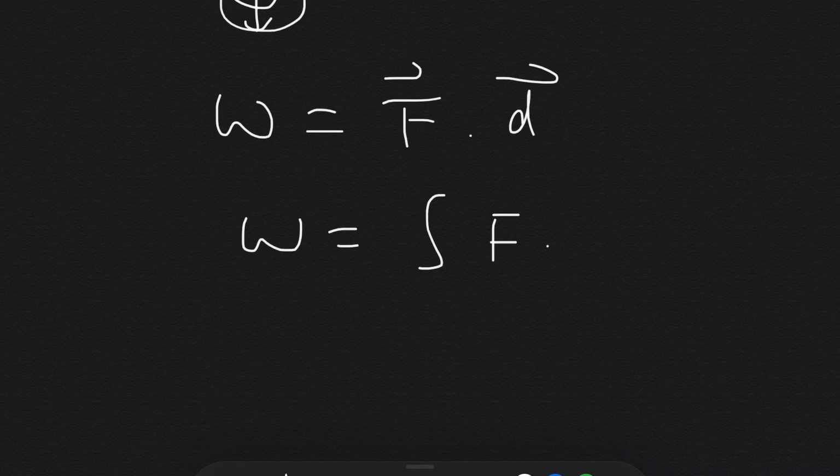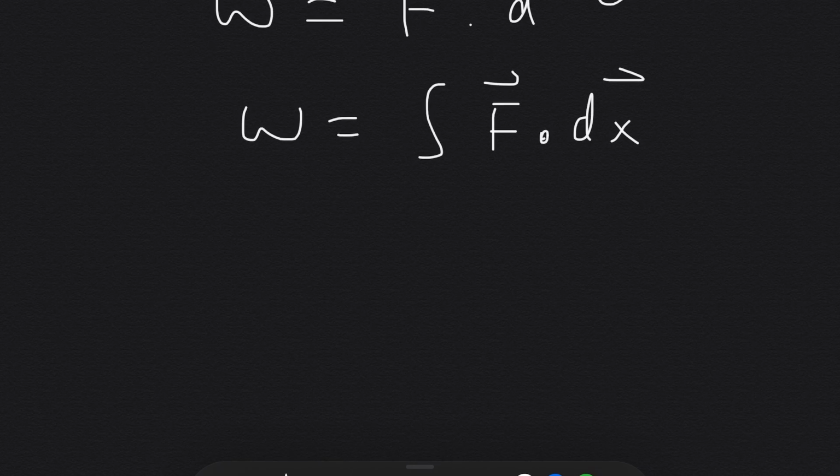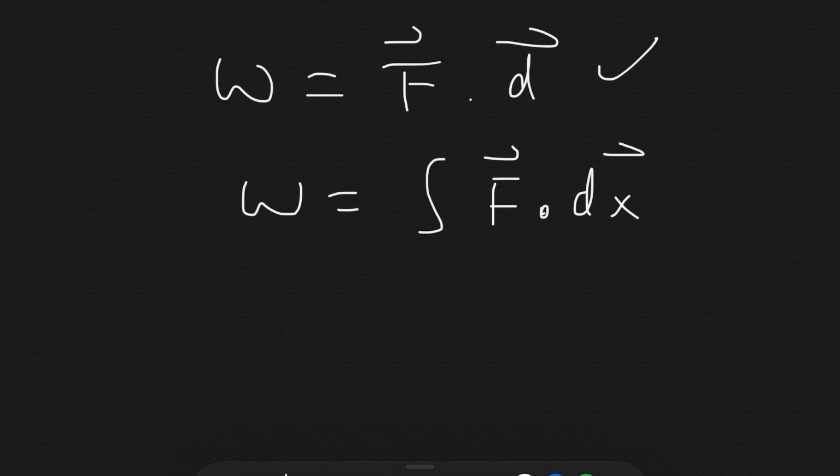So it's F dotted with a small component of displacement over the entire displacement, but you can approximately say that this is true if things aren't changing in certain ways. I know I'm being very vague over here, but I really don't want to get too much into the math because it's not really required. Most exams and stuff will either expect you to memorize the formula or they give you a formula sheet. They don't expect you to know how to derive it. So I will not be going through the math.